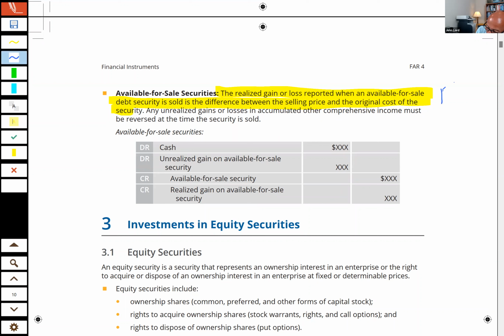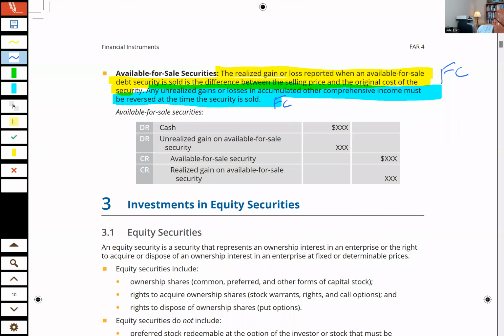Flashcard that. Any unrealized gains or losses in accumulated other comprehensive income must be reversed at the time the security is sold. Flashcard that.